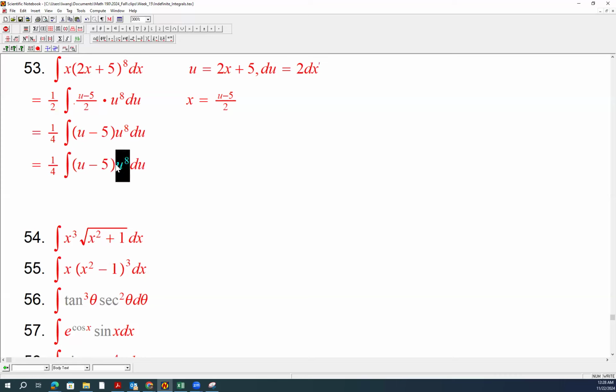So u to the power 8 times u, that's going to be u to the power 9, minus 5 times u to the power 8. Did I get that right? We need parentheses here, and you can write separately if you wish.